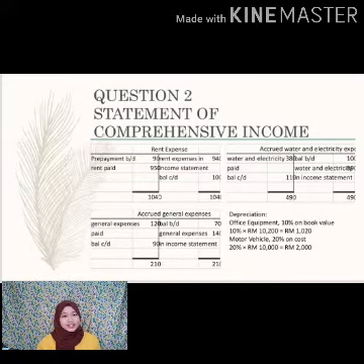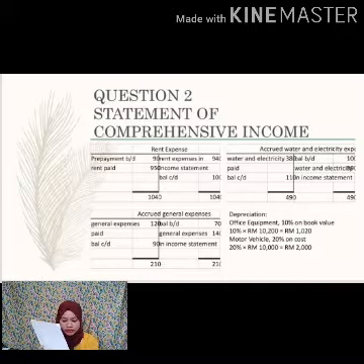As you can see here, the calculations of depreciation given in the questions say office equipment 10% on book value yearly basis and motor vehicles 20% on cost yearly basis. So the way we need to calculate is the amount of office equipment times the percent given in the questions.